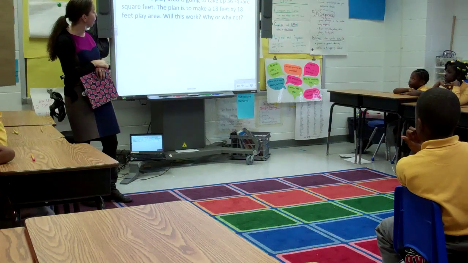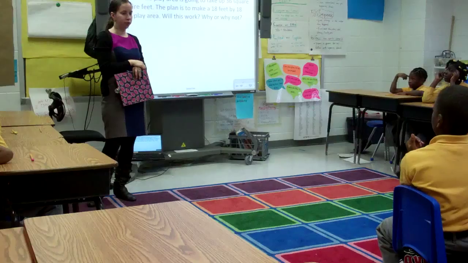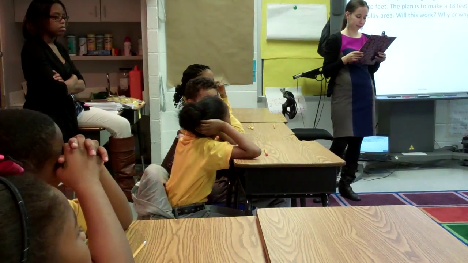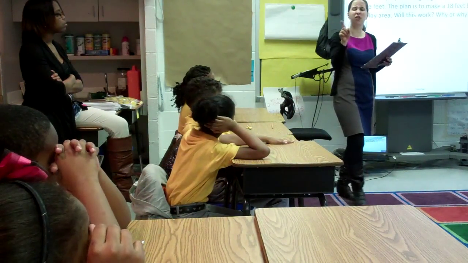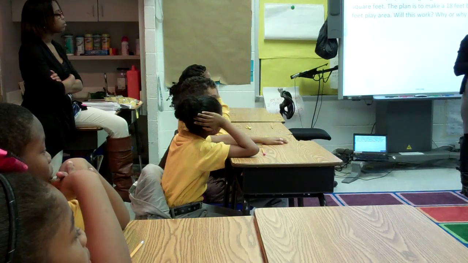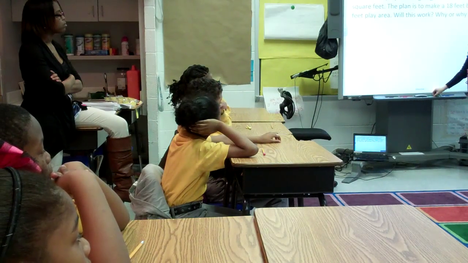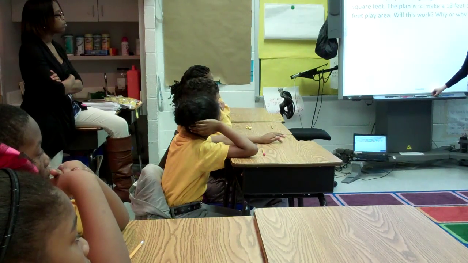The play area is going to take up 36 square feet. Bintu, why are you tapping? Because I heard square feet. You heard square feet. I love that you didn't just say, I heard a number. You heard square feet. What does square feet mean? Square feet means the unit. Square feet is the unit of?